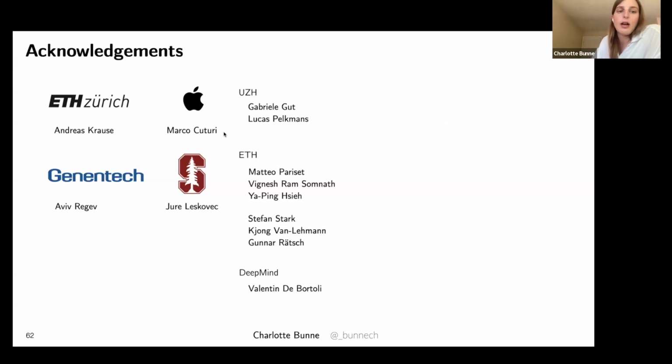My two PhD advisors, Andreas Krause and Marco Couturi, and now my postdoc advisors, Aviv and Jure at Genentech and Stanford, as well as many students and colleagues I have been working with. The clinical cohort study is also led by Gunnar Rätsch at ETH, and I'm working closely with a PhD student of his, Stefan Stark, as well as Valentin Yaping at ETH, Valentin DeepMind.